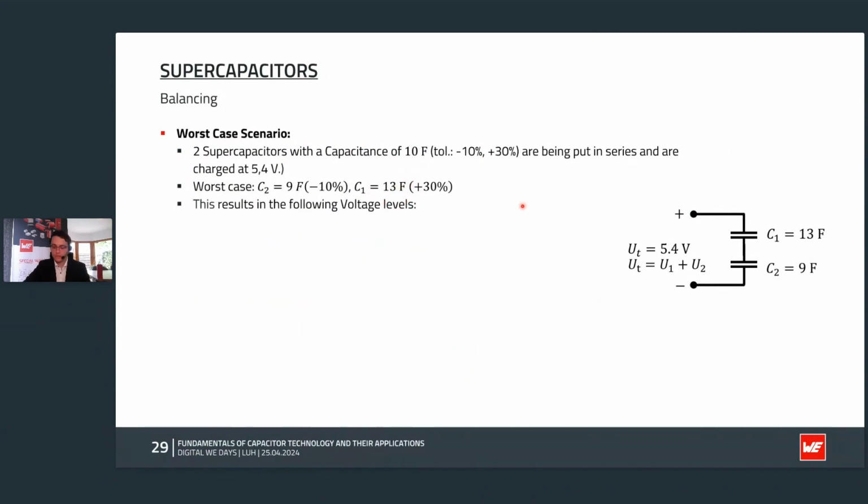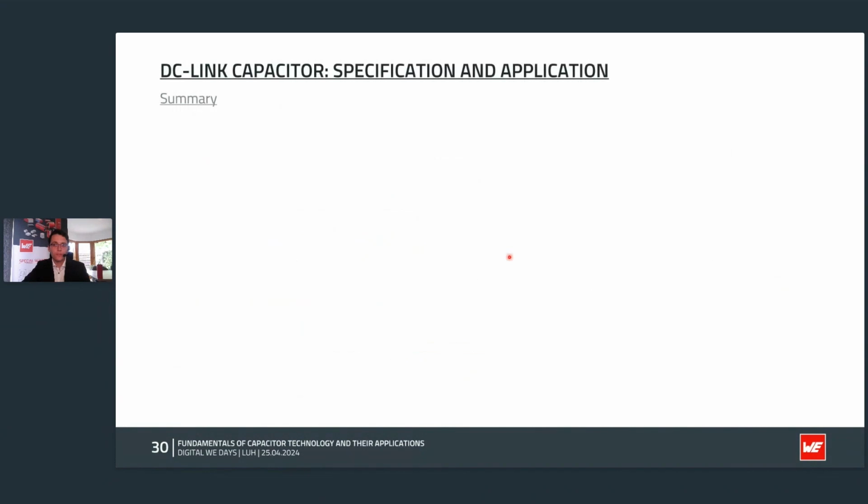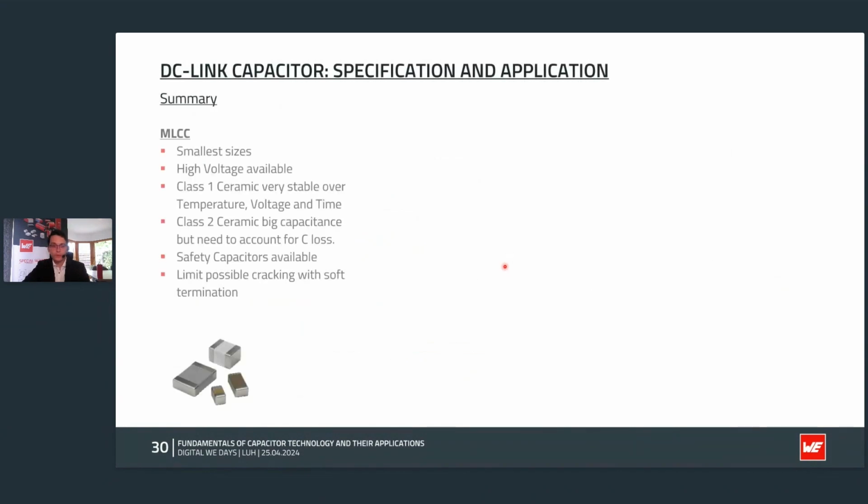In the end, if you do the calculation, the parts with the lowest capacitance will constantly see over voltage if you apply the maximum voltage overall. Therefore we really recommend doing some voltage balancing for these types. If you need support, we're really willing to help you do the proper balancing in your design. So let's do a little bit of summary.